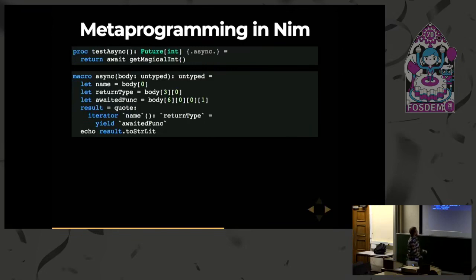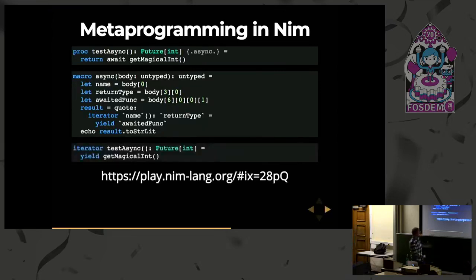And then we display the result of our macro, the AST nodes that we are returning, in the form of Nim code. And again, you can use that link at the bottom there to play around with this. And if we run this code, we will get that displayed in our console, which is the result of our macro.